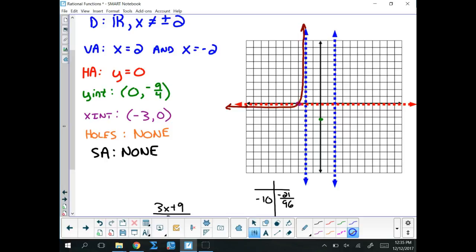Right? Because I'm in the negative out at negative 10, cross the x-axis at -3, and there's not another x-intercept. So that tells me it's got to go like that. Now, we should probably test that, though, right?